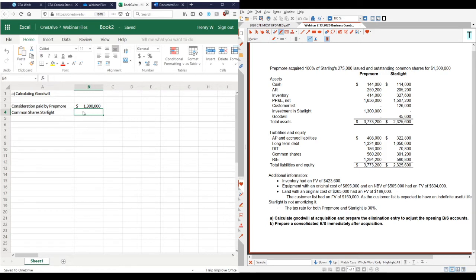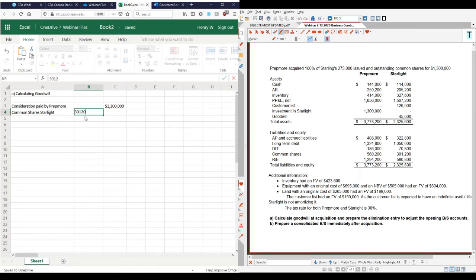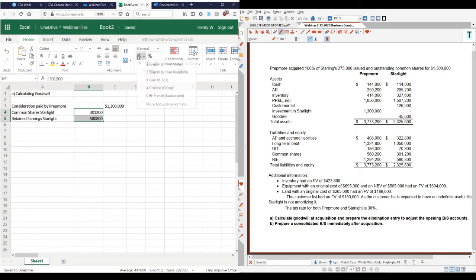Okay, and so for Starlight, the common shares is 301,200. Retained earnings is 580,800.